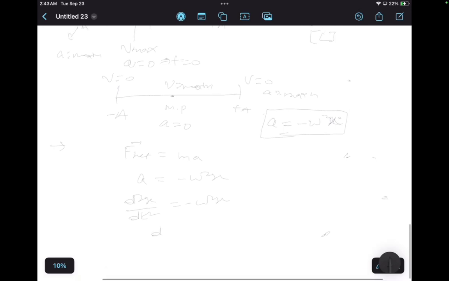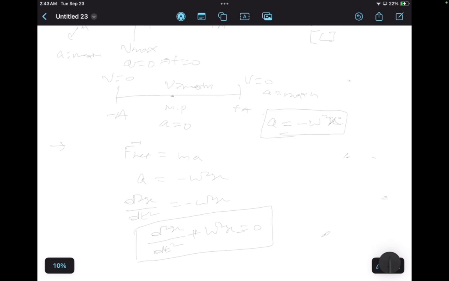Or we can write this as d2x upon dt square plus omega square x equals 0. This is the basic second order differential equation of simple harmonic motion. But the solution of this equation is beyond the course of class 12 or IIT-JEE, so we are not going to solve this differential equation.